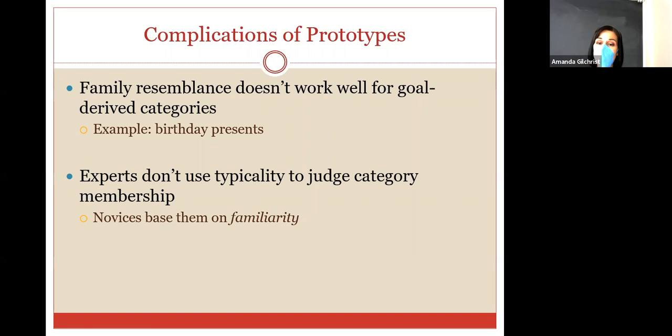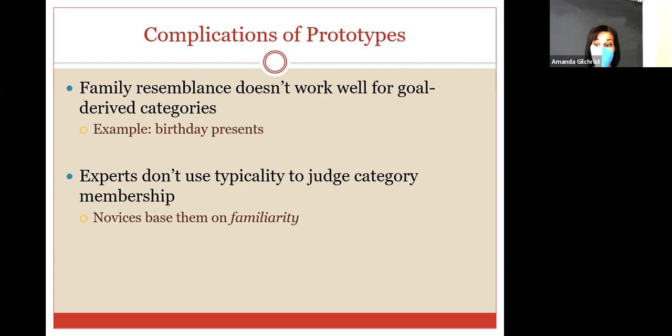Here's the other thing. Generally, experts do not use typicality to judge category membership. This comes from work by Lynch and colleagues. They were basically asking people who were experts in trees and people who were not.